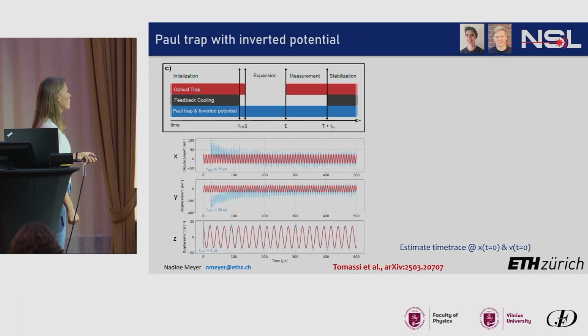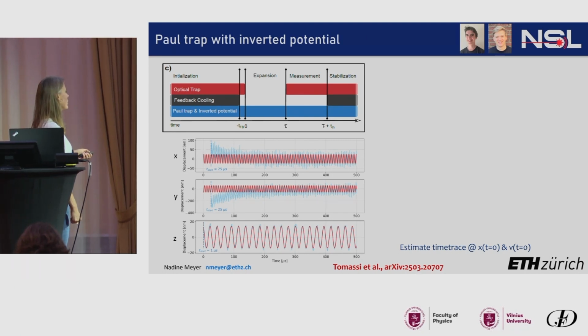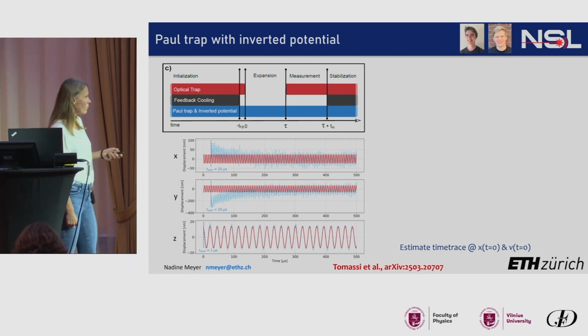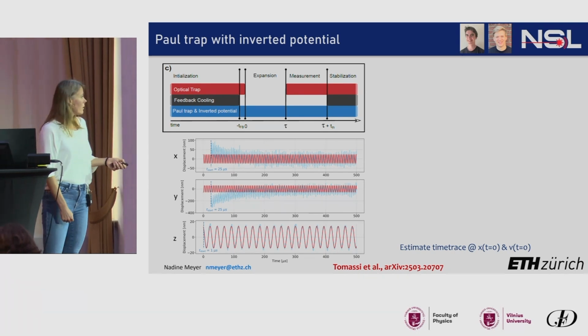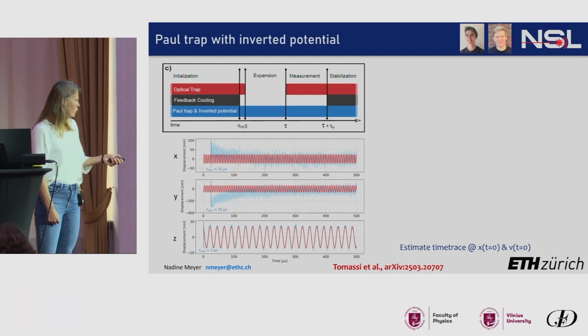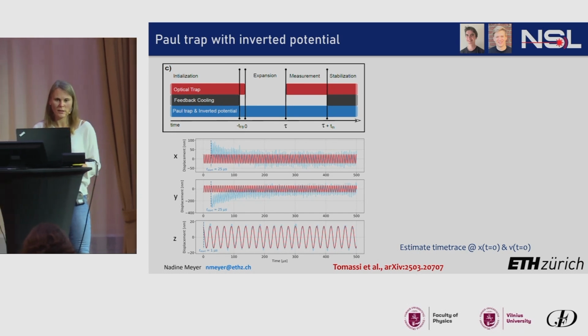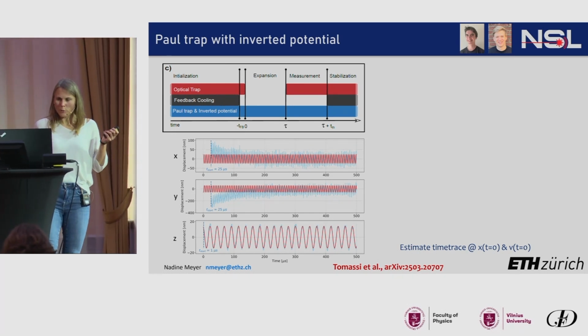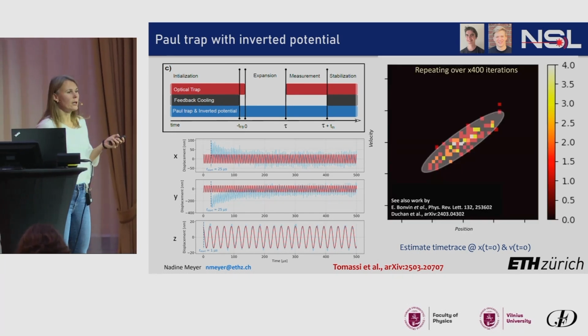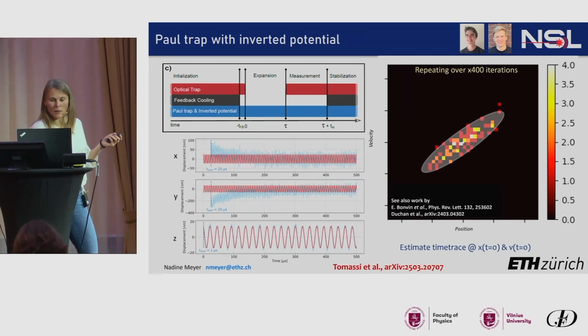So we need to retrodict in a lock-in operation the information that we get from the measurement to the point time equals 0. And therefore, we can tell what the position and the velocity was. So we do this 400 times and then map out the phase space.